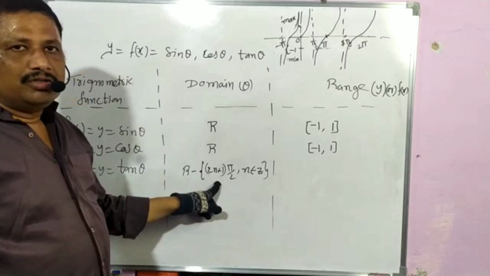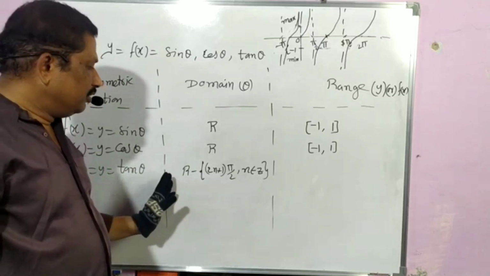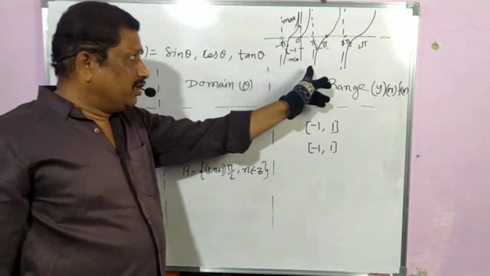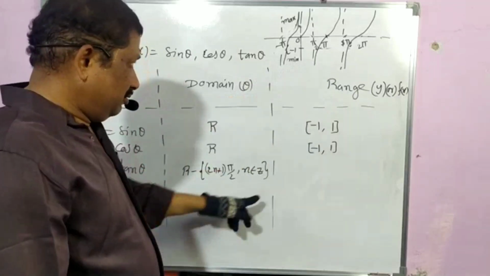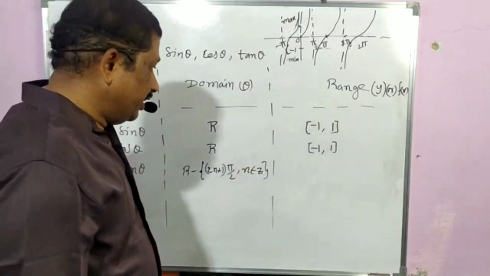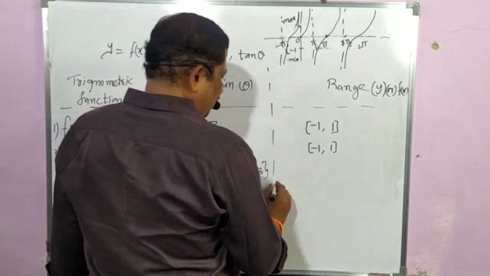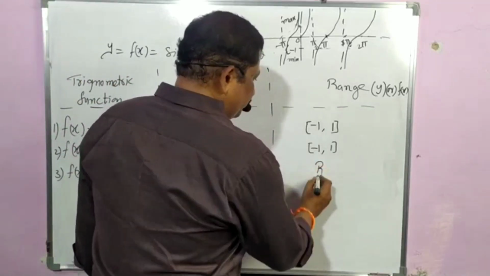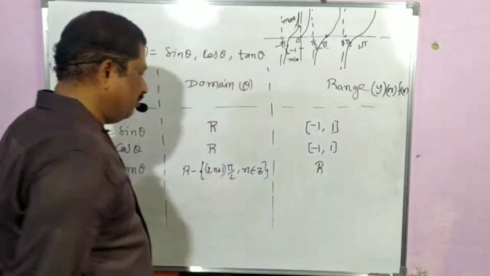So from the real values we subtract the odd multiples of 90, and here the range is all real values.